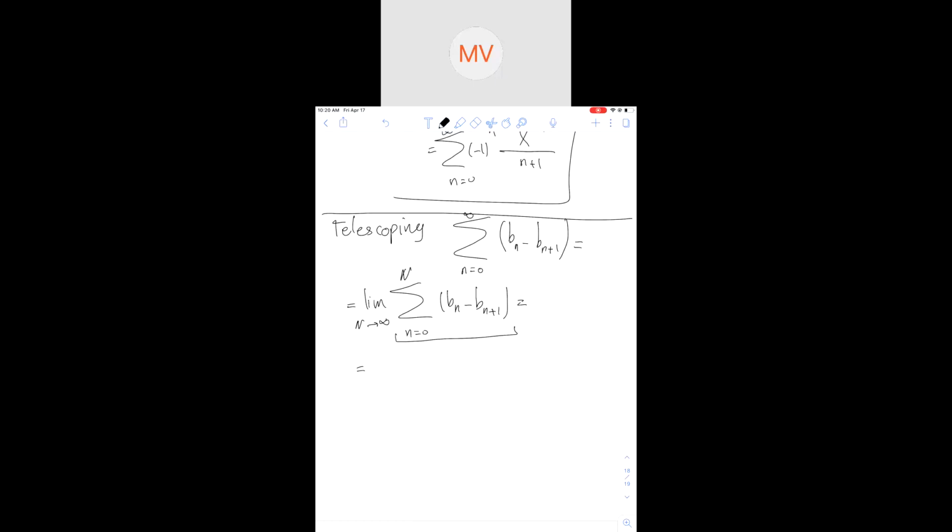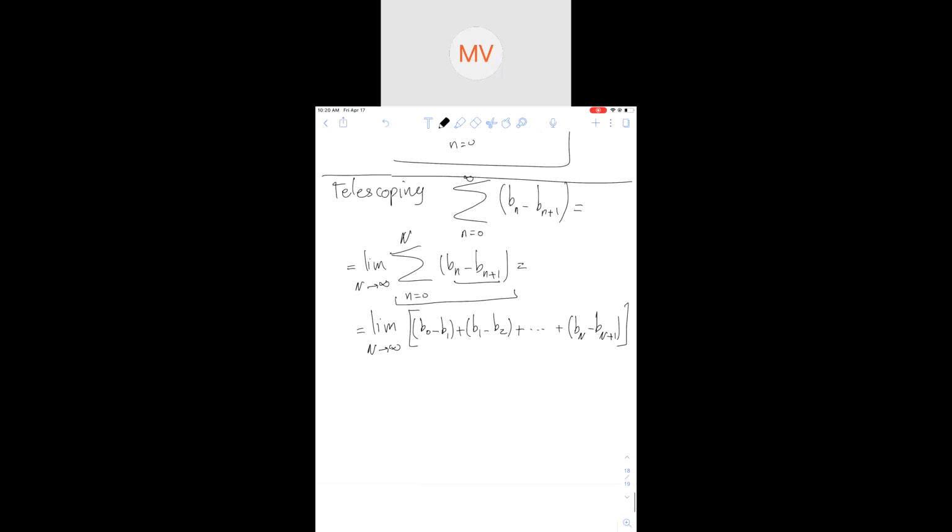If you write out the terms of the partial sum, plug n equals 0, so we get b_0 minus b_1, plus plug in 1 now, we get b_1 minus b_2. You continue this, eventually you get b_N minus b_(N+1).